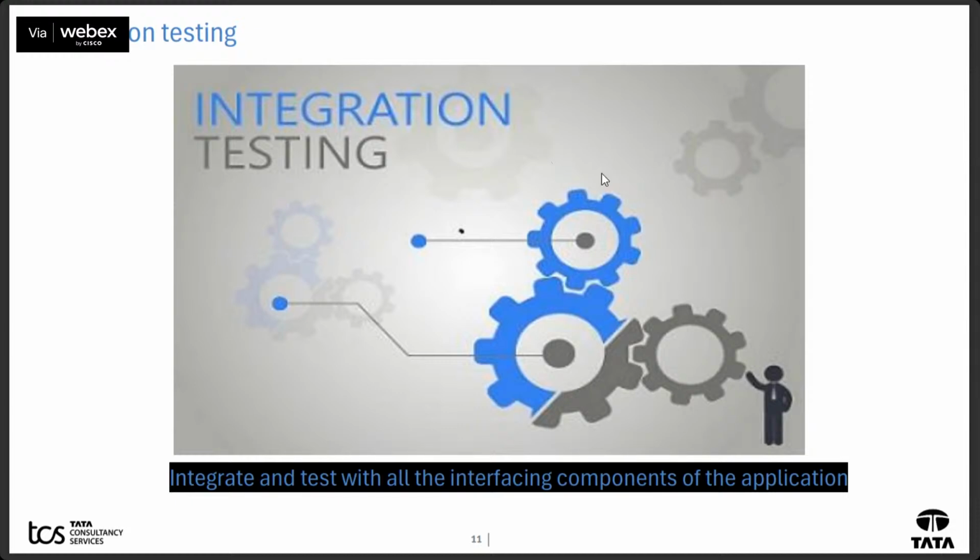In the user acceptance environment, we will be actually integrating with these external systems, ensuring that it integrates well, and then we test for that. Once it has been ensured that it is working, that is when we will be working with the end user.